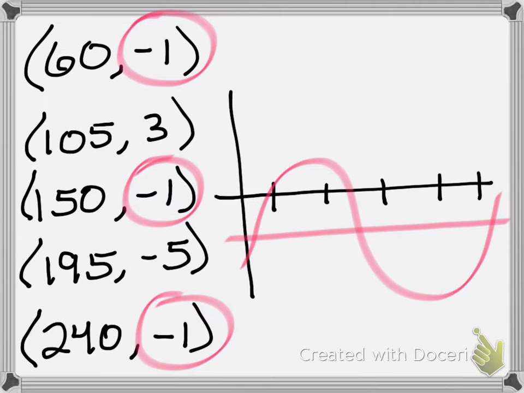That's going to be a clue for us. And then the amplitude should be 4. So from this middle line up to the maximum should be 4. So from -1 to 3 is good, and from -1 to -5 is also 4. So that is good.